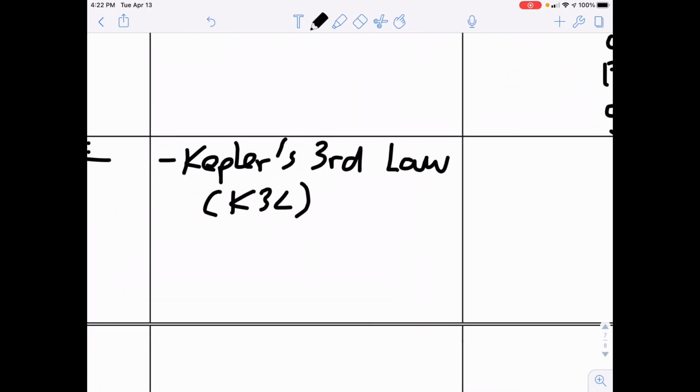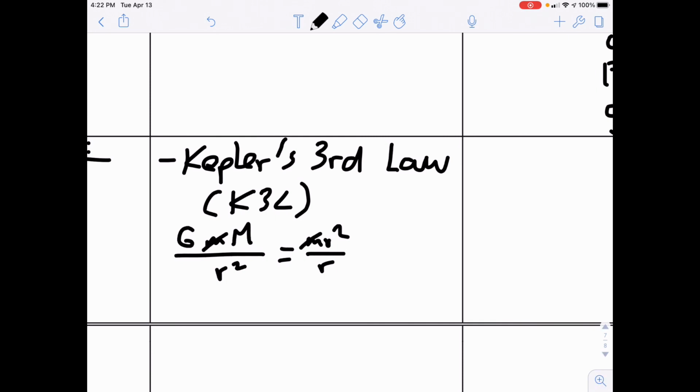Kepler's third law was derived using the idea that gravitational force is a centripetal force. So gravitational force, G m1 m2 over r squared equals mv squared over r. And if we're talking about a satellite and the bigger mass that it's orbiting, let's change it up. This is the mass of the satellite, and the mass of the object being orbited.